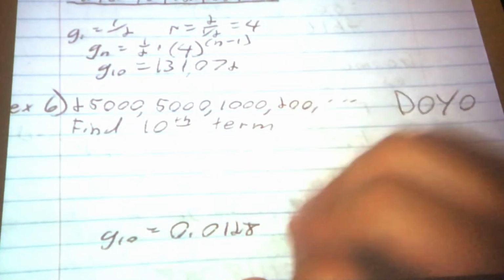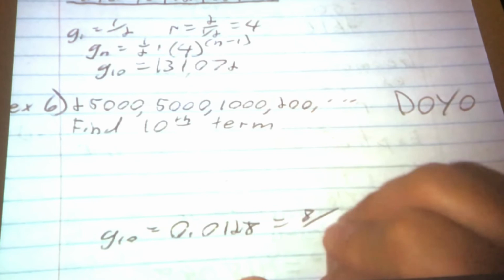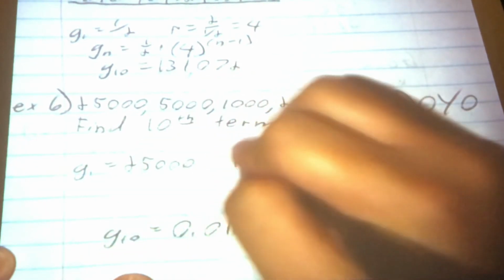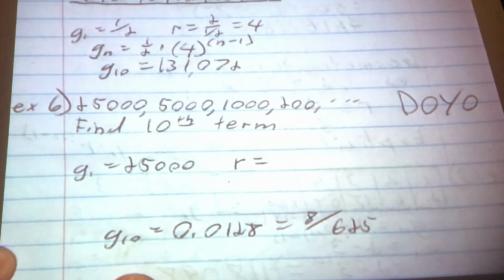Which is also equal to 8 over 625. Same thing, my first term this time is 25,000. My rate is what? 0.2, 1/5.